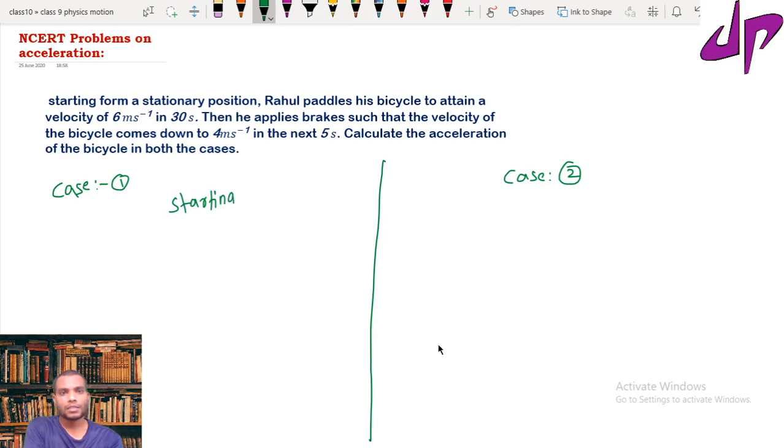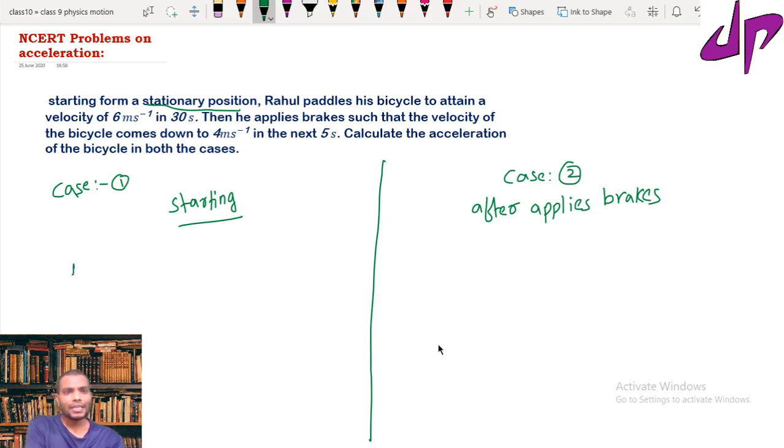Case 1 is starting, and case 2 is after applying brake. We know from the given problem, starting from a stationary position. Precisely they are mentioning it's a stationary position. Stationary position means rest position.